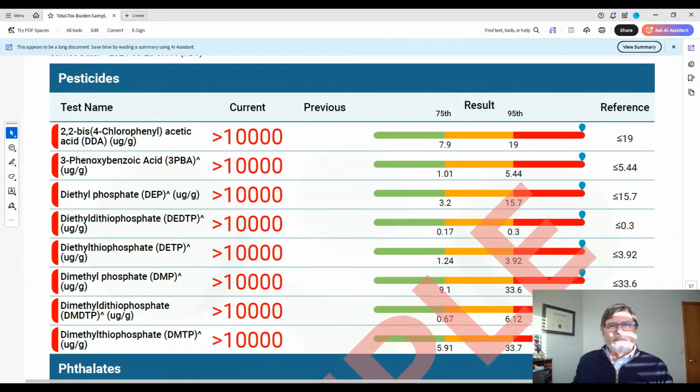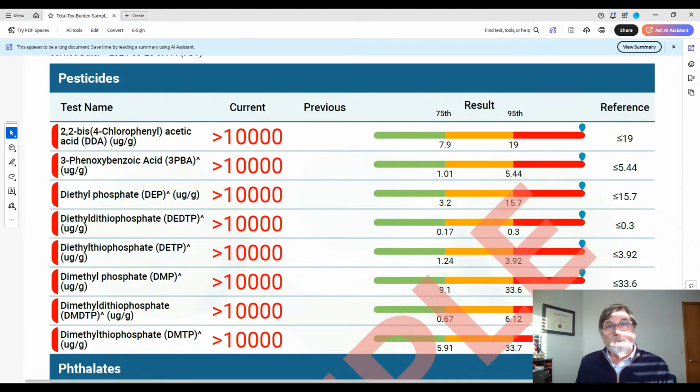Some of these are organophosphates. Organophosphates were really developed during World War II to be nerve gas agents. And somebody noticed they were killing bugs on the battlefield like crazy, so they thought it'd be a great idea to spray this stuff on our food.